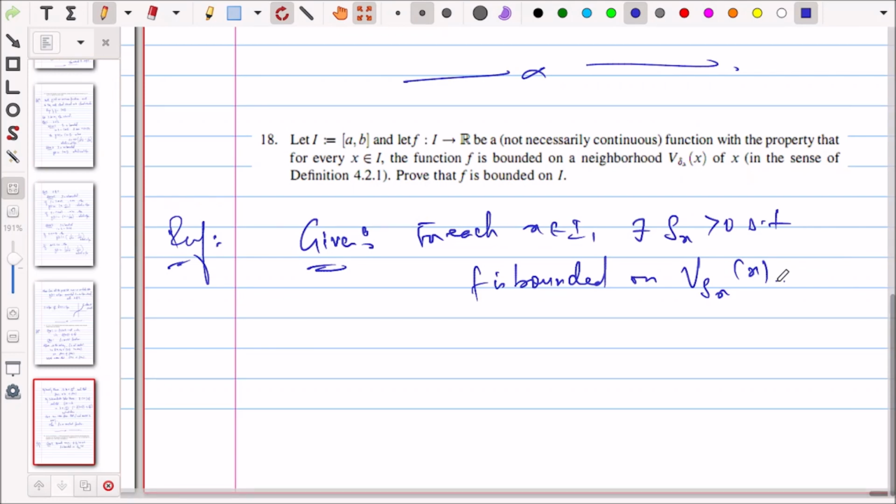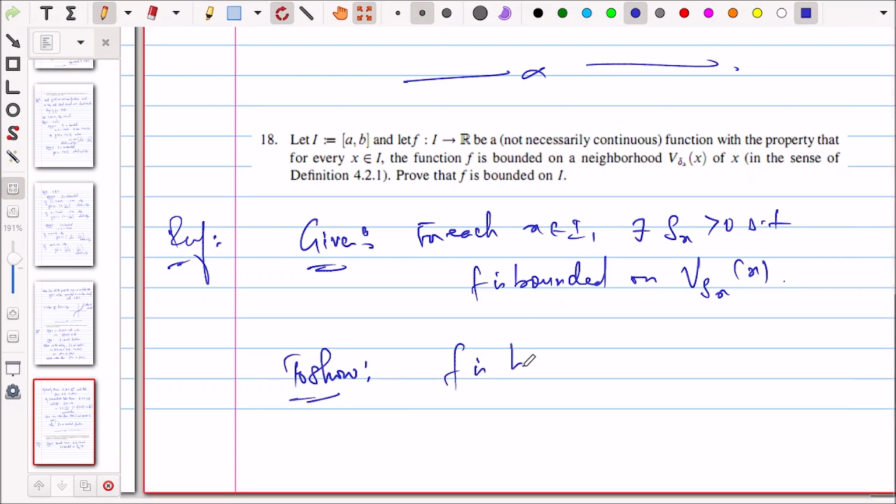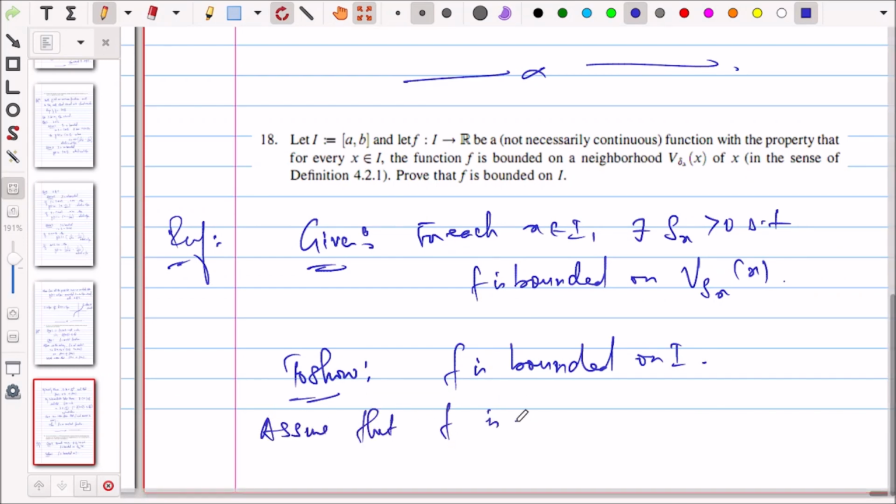That is, f is bounded on a neighborhood of each of its points in the domain. Then we have to show f is bounded on I. So we will take the contrapositive approach. Suppose f is not bounded on I.